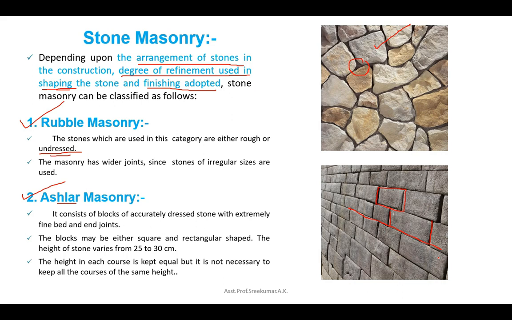As you see in the image, the blocks may be square, rectangular, etc., and the height of the stone varies from 25 centimeters to 30 centimeters. The height of each course is kept equal. However, it's not necessary to keep all courses of the same height.